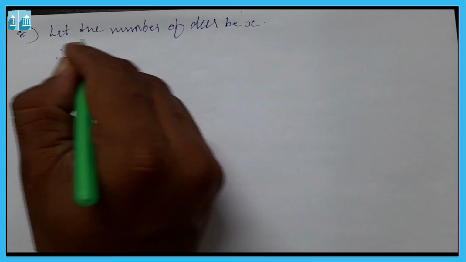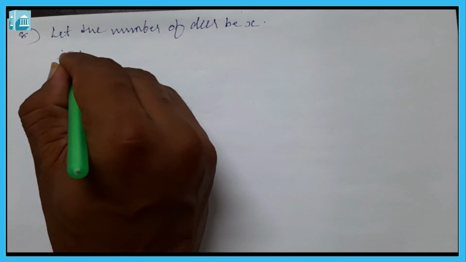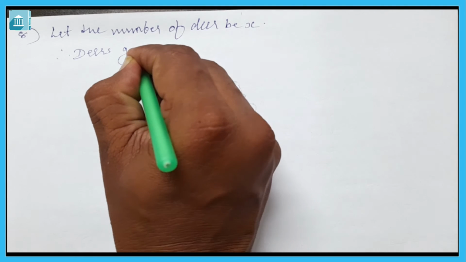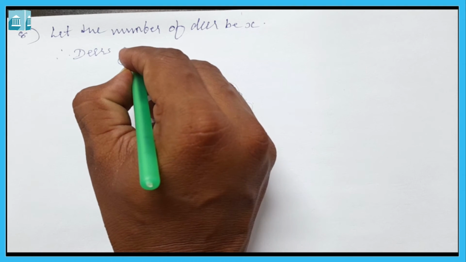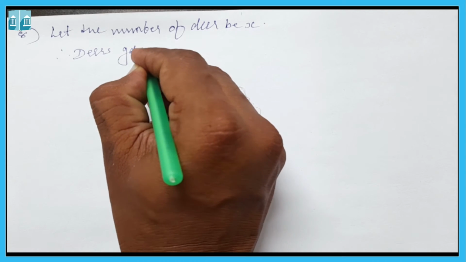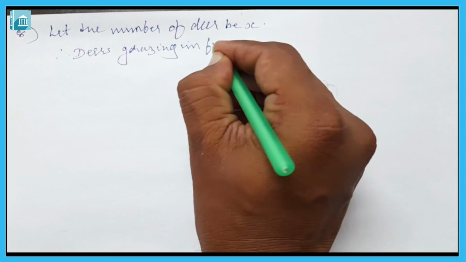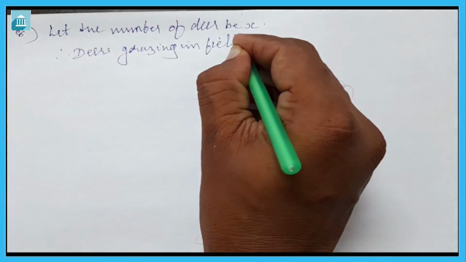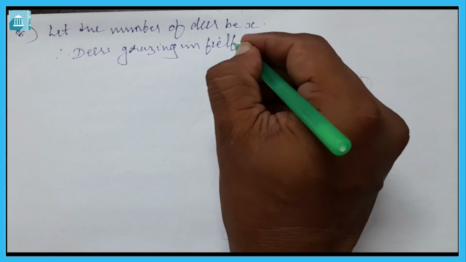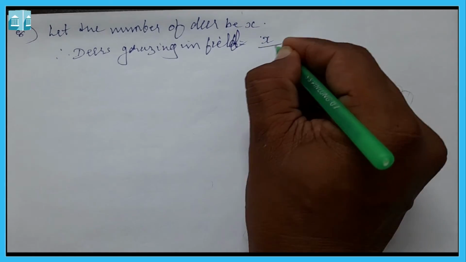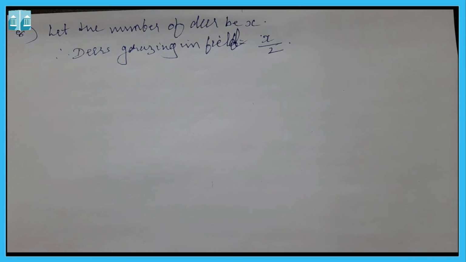So we can write that deer grazing in the field is equal to half of x, that is x by 2.